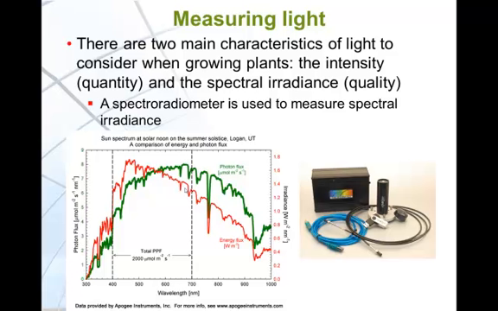To measure or quantify spectral distribution, the instrument we need to use is called a spectral radiometer, and it looks like the unit shown in this picture. The reading of this kind of equipment may look like this chart, showing two kinds of readings from the same light source.